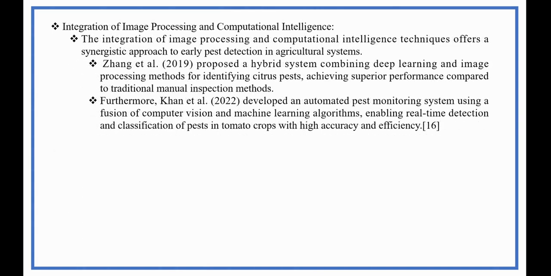By integrating both image processing and computational intelligence, for example, Zhang et al. built a hybrid system for citrus pest detection, and Khan et al. combined computer vision and machine learning to monitor tomato crop pests in real time.